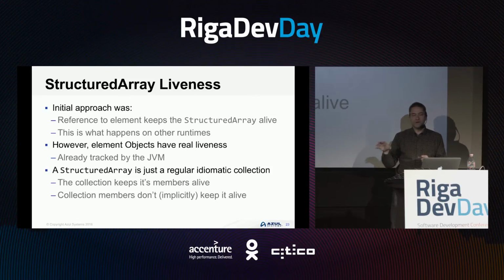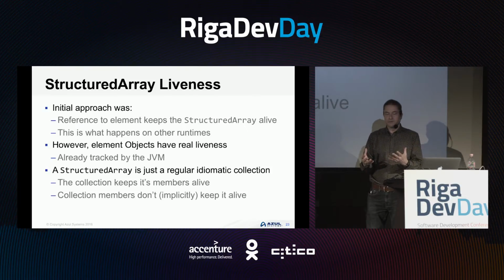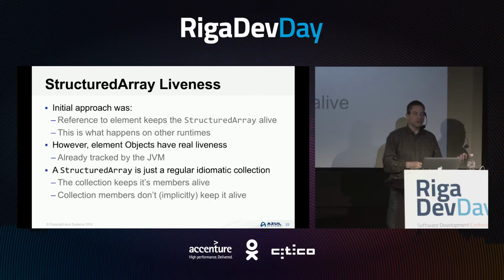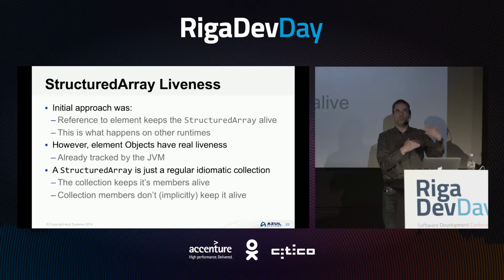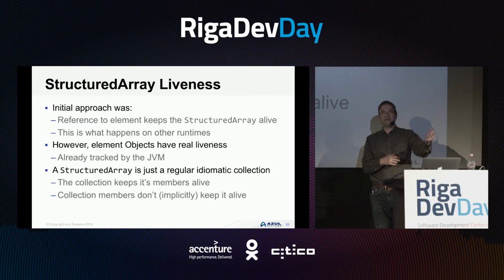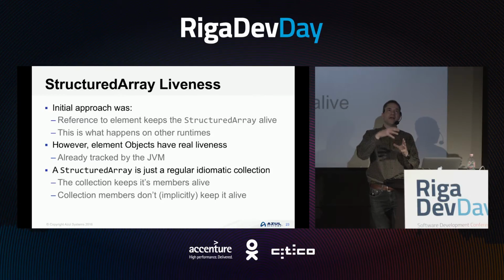So it very much makes sense to say that in the case of a structured array, if we have a reference to the structured array, we keep it alive. But if we remove that reference, then the structured array can be garbage collected, and any objects which don't have any other references from outside of the structured array can also be garbage collected.